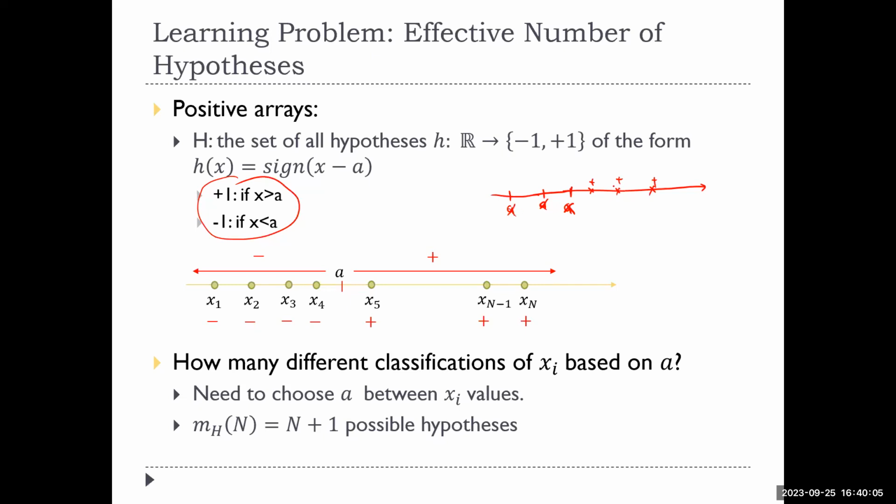Let me draw this again. If I choose A here, now my hypothesis output will change, right? This data will be classified as negative, this will be positive, this will be positive. Everything on the right side of A is positive, everything on the left side of A is negative.